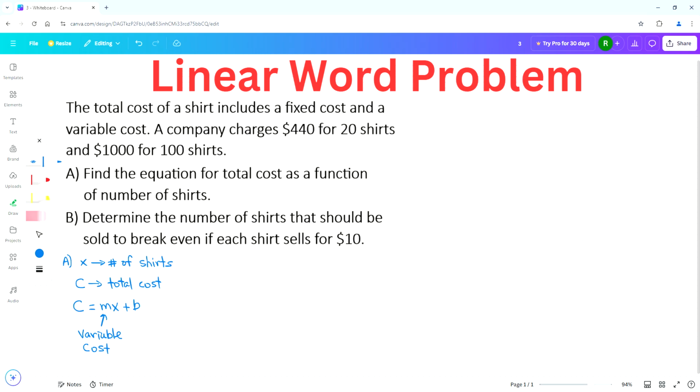In this case, it represents the fixed cost. First, we have to find the variable cost for the shirt, and for that we have to use the slope formula.